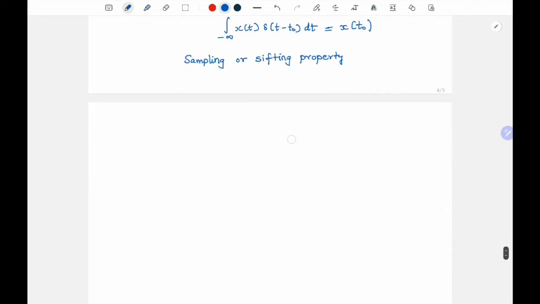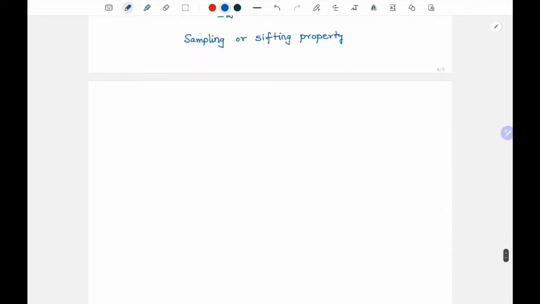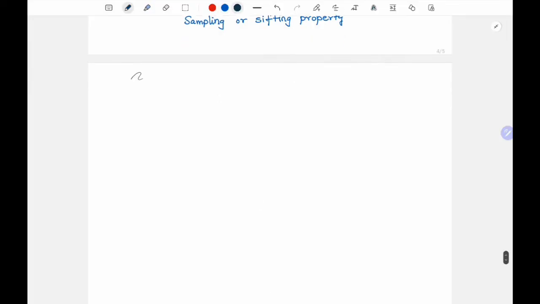So next, there is a beautiful relation between the unit impulse function and the unit step function. So we'll take a look at it. Relation between unit impulse and unit step functions.